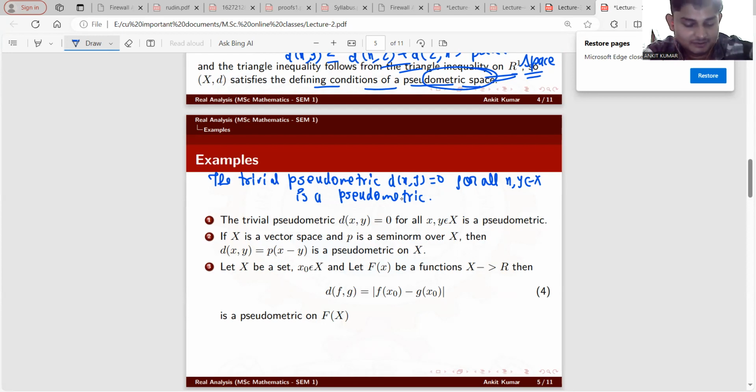The trivial pseudo-metric space is what?